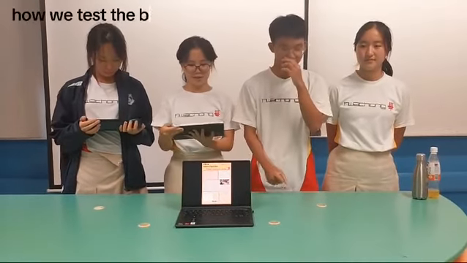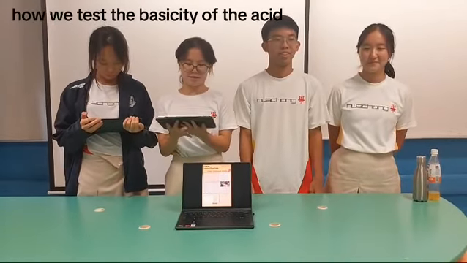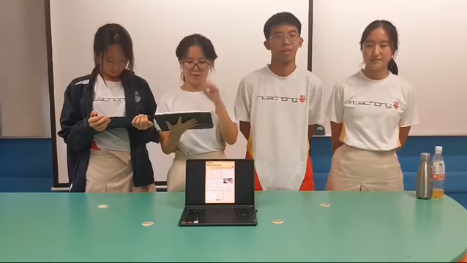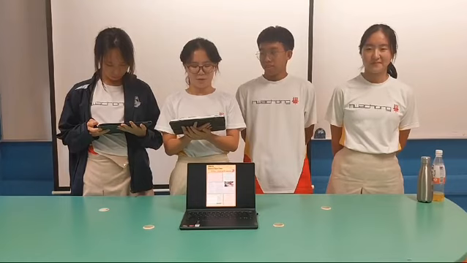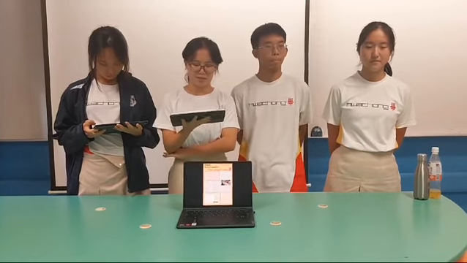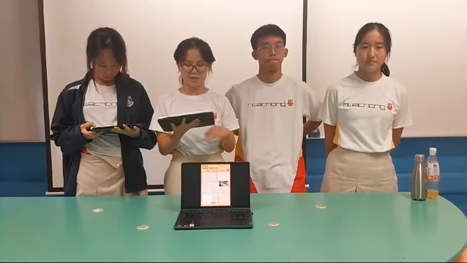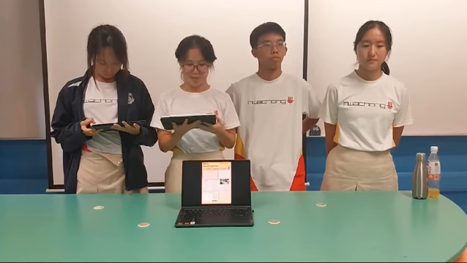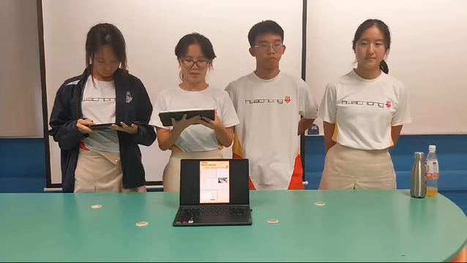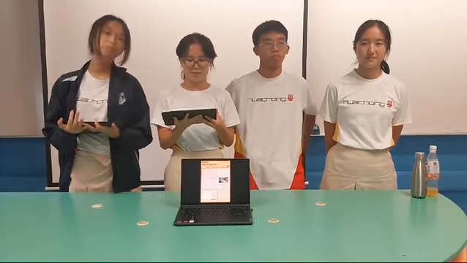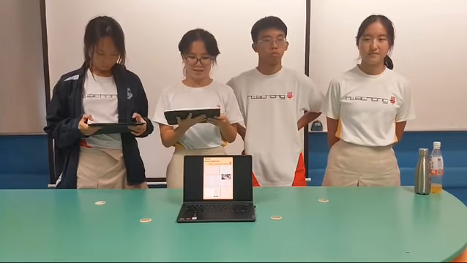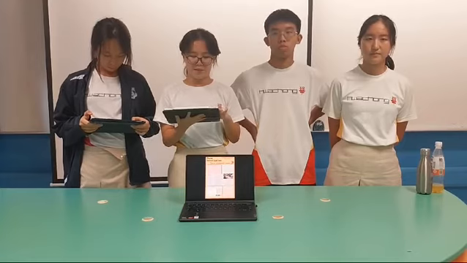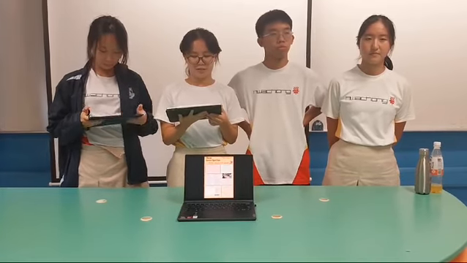To find out the exact basicity of the antacids, we dissolved 1 dose of each antacid in 20 cm³ of water. Then we added 1 cm³ of each antacid solution separately into 2 different test tubes. Then we added our pH indicator, which is our cabbage water, into the test tube. Then we observed and recorded the color change using the microbit by measuring the light intensity of each solution.